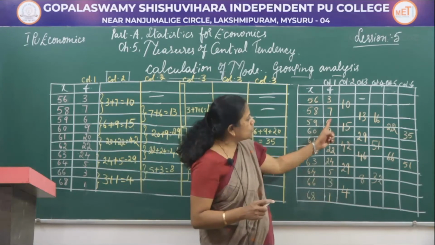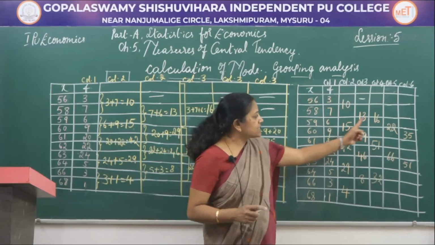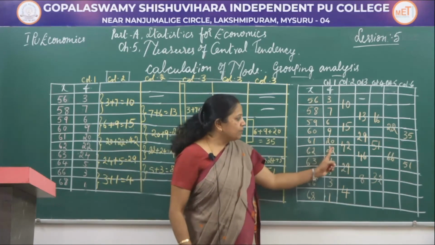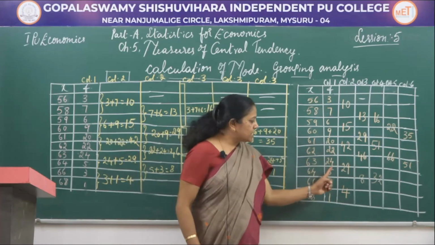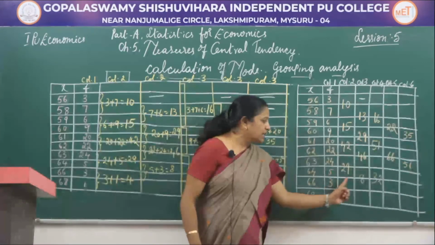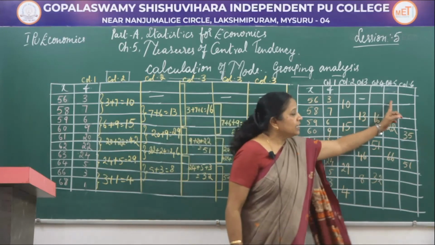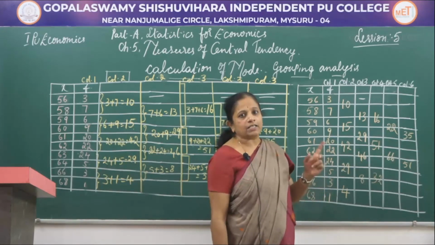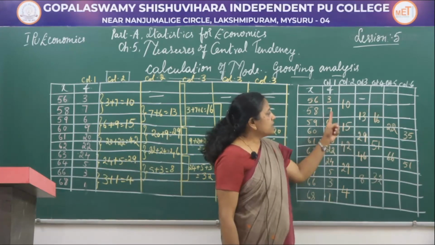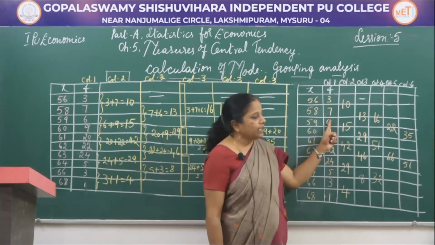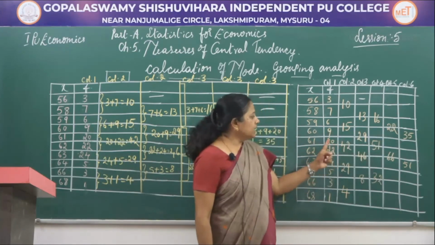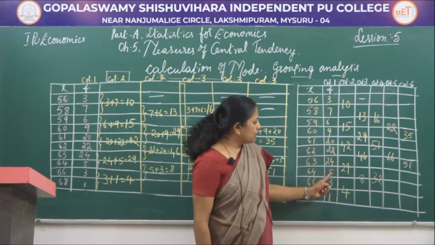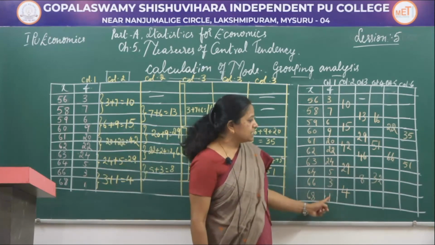The first three values total is 7 plus 3 is 10, 10 plus 6 is 16, 9 plus 20 is 29, 29 plus 22 is 51, 24 plus 5 is 29, 29 plus 3 is 32. In column number 5, we have left the first value and then went on adding the next three values. That is 7 plus 6 is 13, 13 plus 9 is 22, 20 plus 22 is 42, 42 plus 24 is 66 and 5 plus 3 is 8, 8 plus 1 is 9.